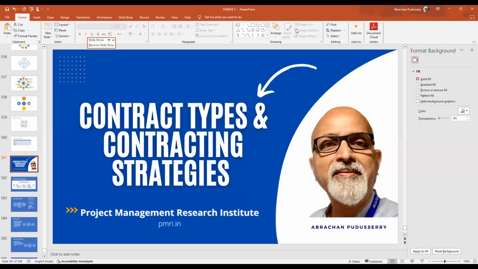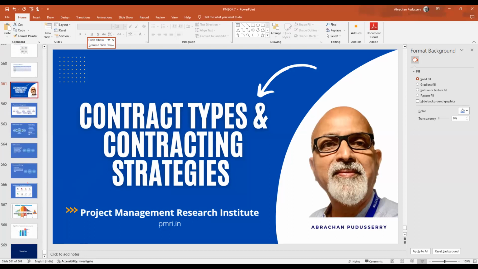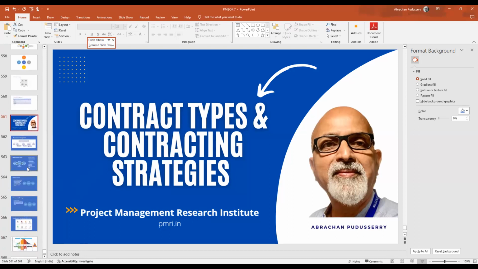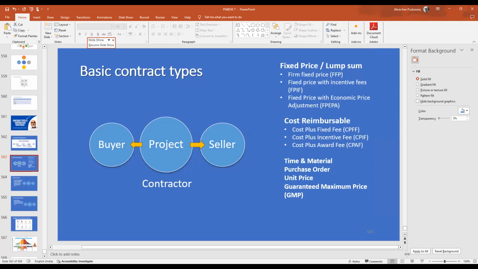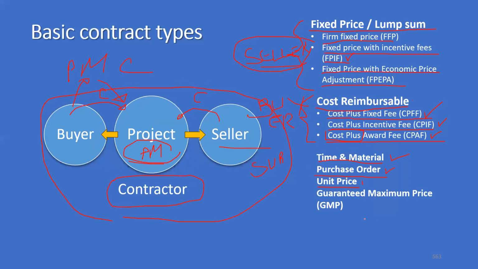We have unit price, that is cost per square meter kind of thing. So if you are constructing a new road, it is cost per kilometer.